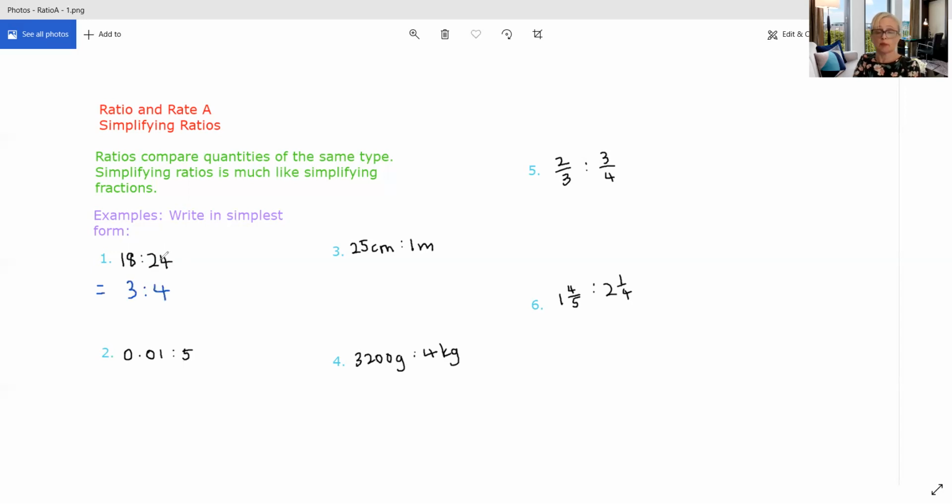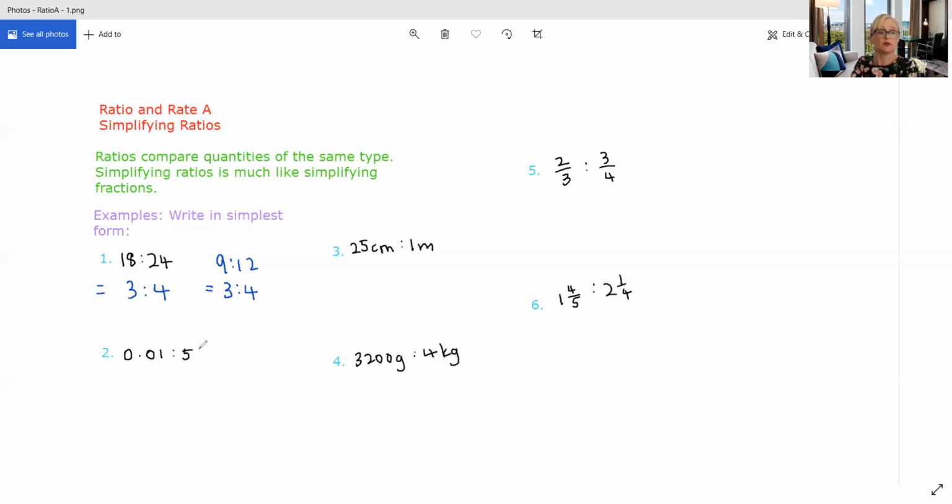If you didn't come upon 6 to start with and say you divided both by 2, you would have got 9 to 12. That's okay as long as you keep going and then divide by 3 and get to 3 is to 4. It doesn't matter if it takes you a couple of steps to get there, as long as you don't stop until there are no further common factors.